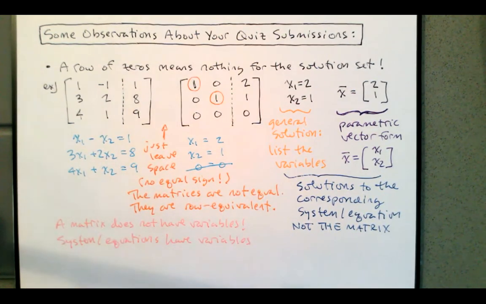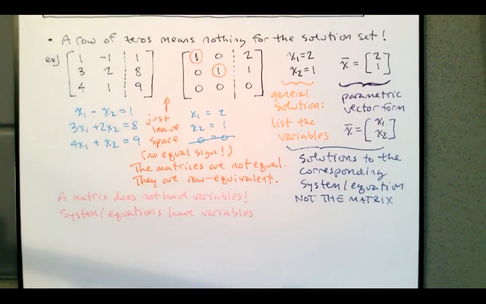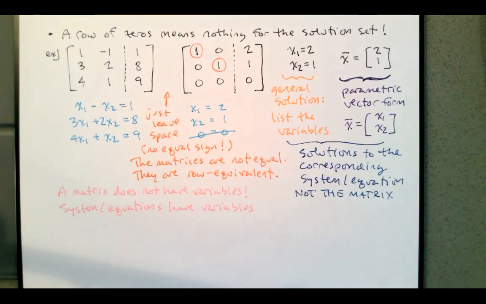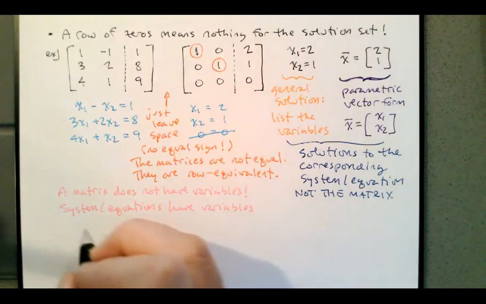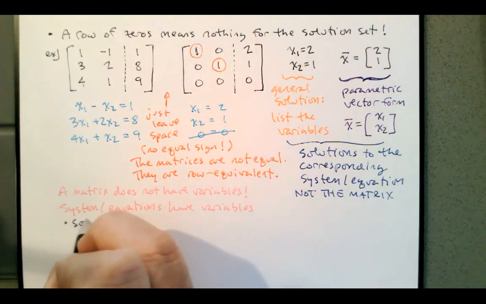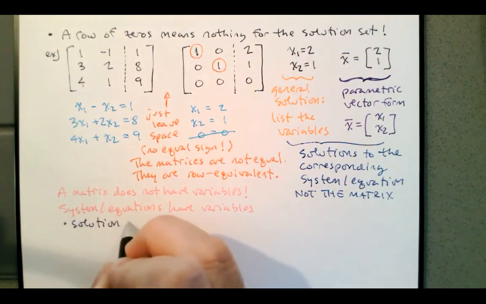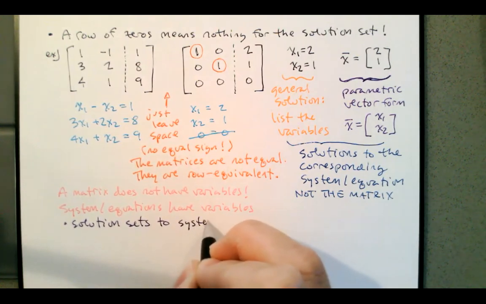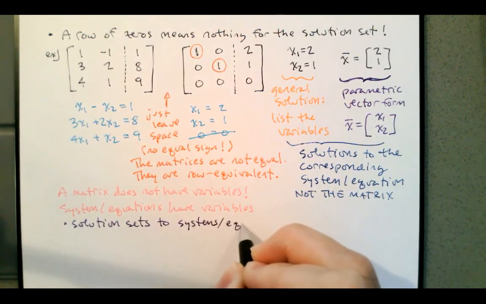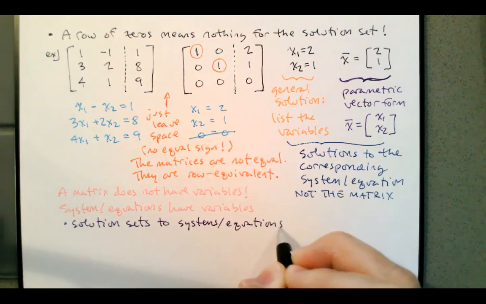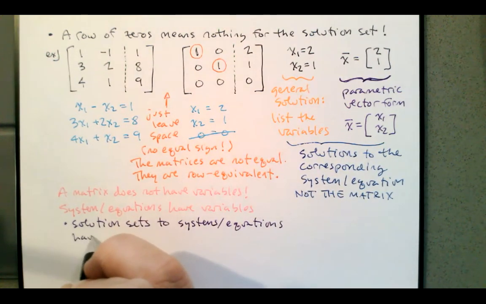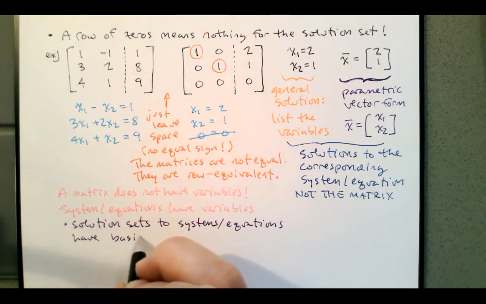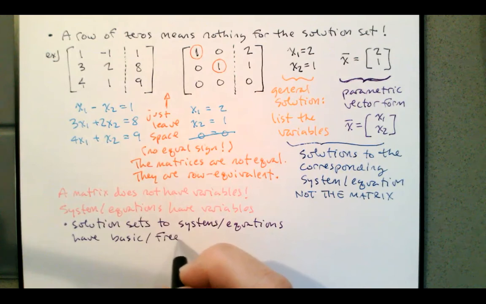It's a system or an equation that has variables. When we want to talk about basic and free variables, those are part of the solution set. Solution sets to systems or equations have basic or free variables.